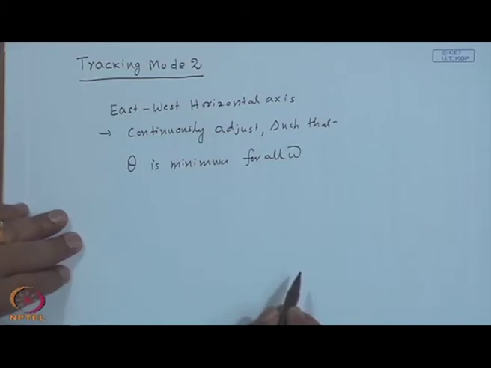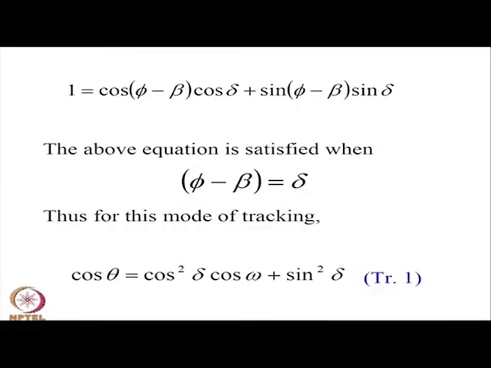So, it is an east west horizontal axis surface rotated about the east west axis such that the angle of incidence is minimum. In the previous case, the angle of incidence was a minimum and equal to 0 at noon time, which is satisfied by phi minus beta equal to delta.